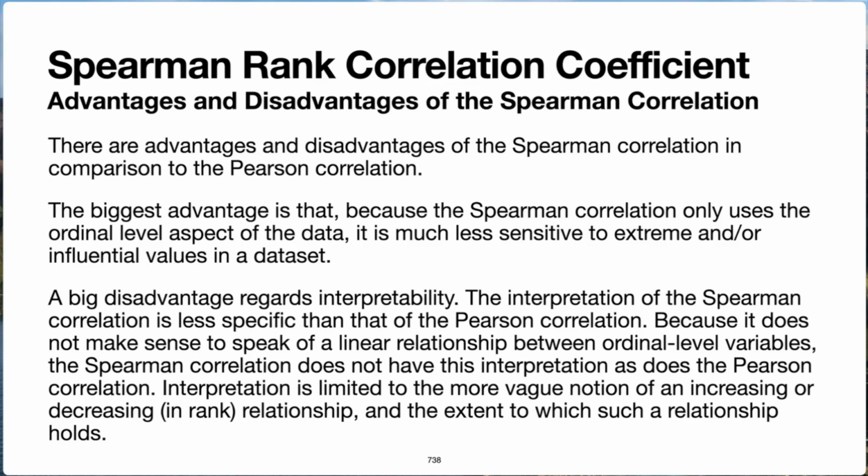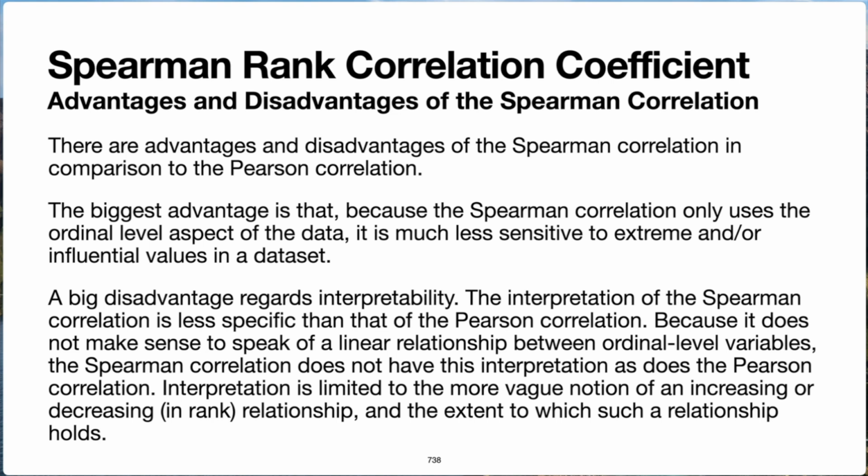Now, you'll recall that that was one of the big disadvantages, one of the problems with the Pearson correlation, its sensitivity to extreme values, to influential values in a data set. A single extreme value in a data set can have a huge impact on the value of the Pearson correlation. So that's one of the disadvantages of the Pearson correlation.